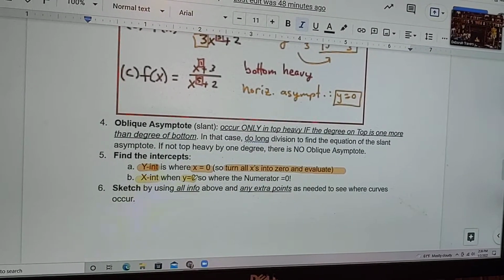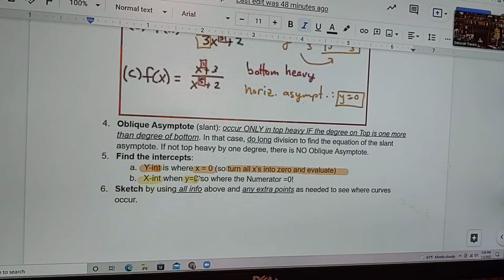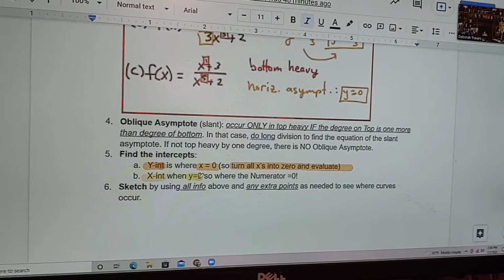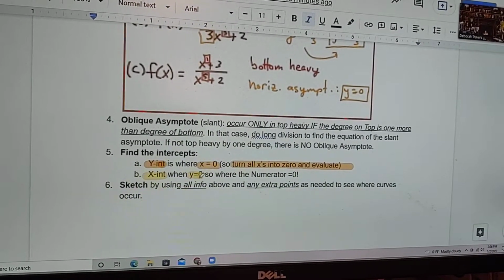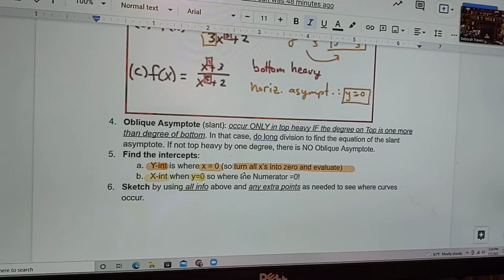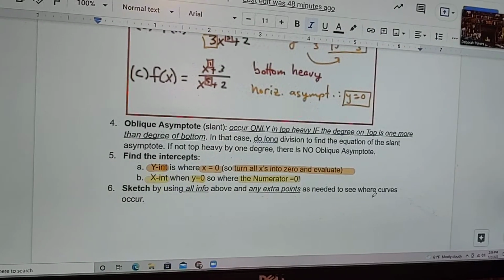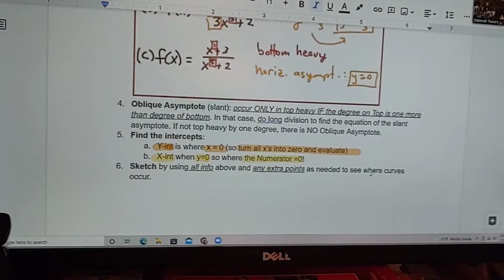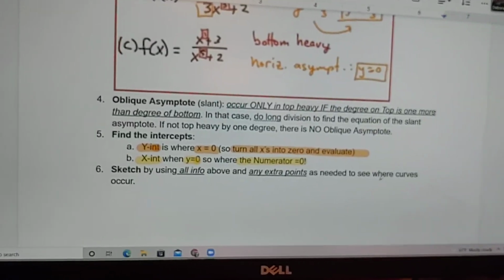But it's only where the numerator equals 0 because we already said the denominator can't equal 0, and that's how we find vertical asymptotes. So when you set the function equal to 0, you can really just set the numerator to equal 0 and go for it, and you'll find the x-intercept that way. Just a little shortcut because you won't have to worry about the bottom of the function at all.